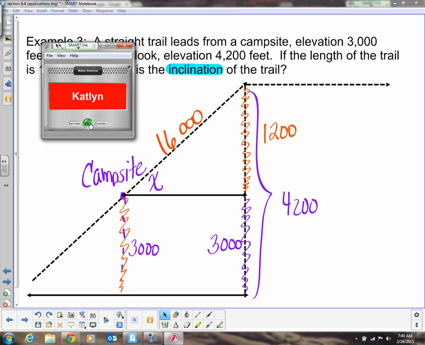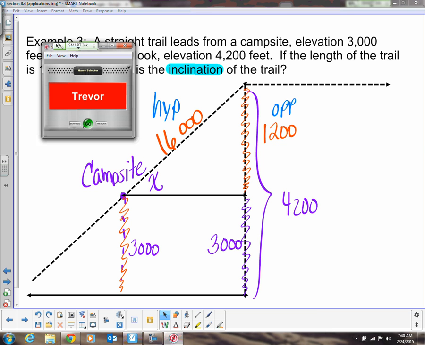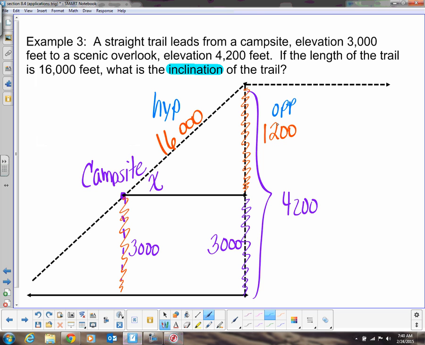All right, so I need to know, where's the hypotenuse, Trevor? Okay, so what is 1200? Opposite. I need to know what trig function we're going to use. Kayla S? Right, because we have opposite and hypotenuse, so we're going to say sine of the unknown angle.